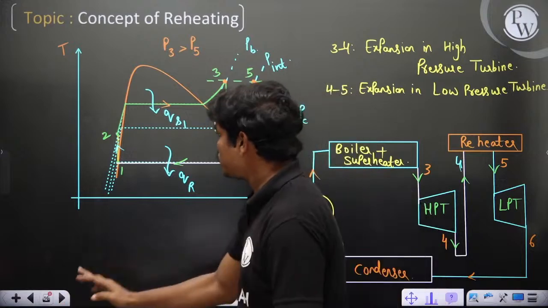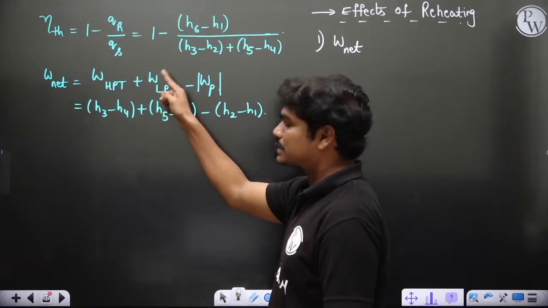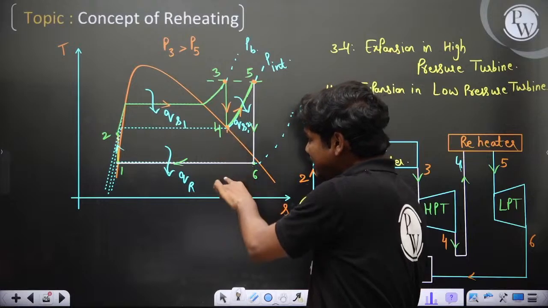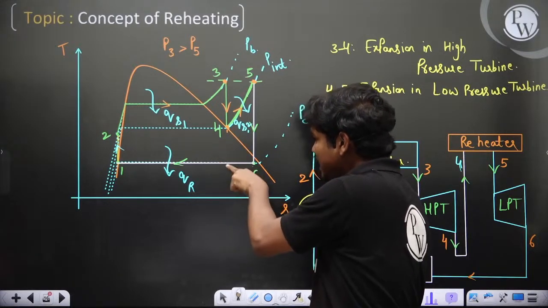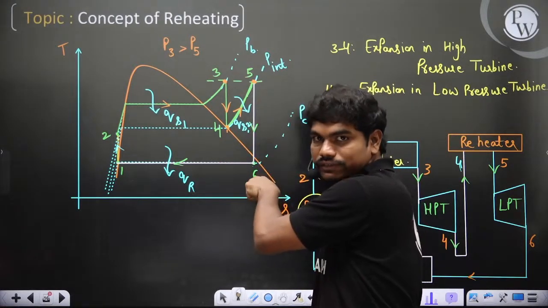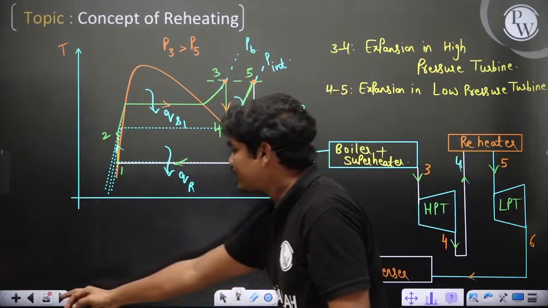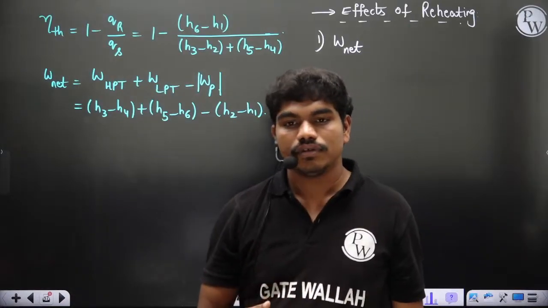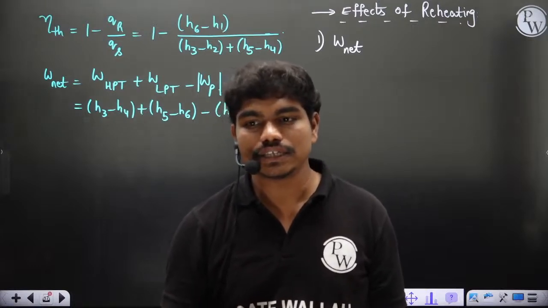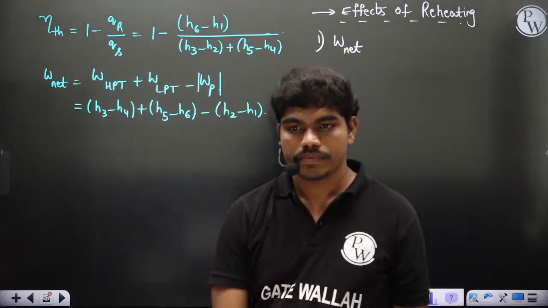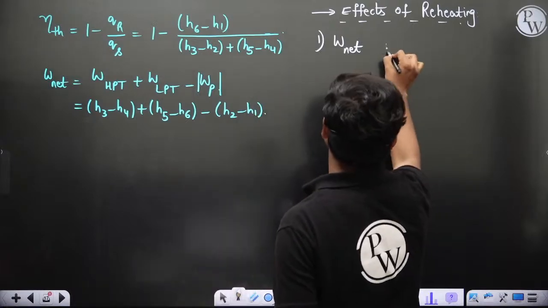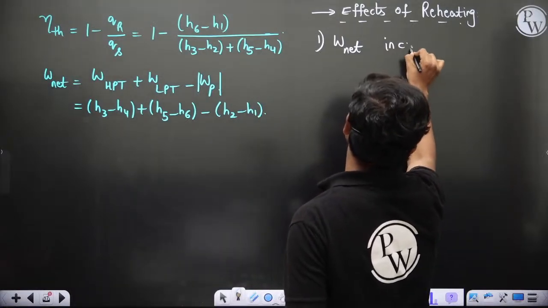If you don't do reheating, this part is definitely less, meaning if you expanded directly like this, that work would have been less, as we explained previously. So does the net work output of the cycle increase or decrease? It will increase, correct? So this increases.